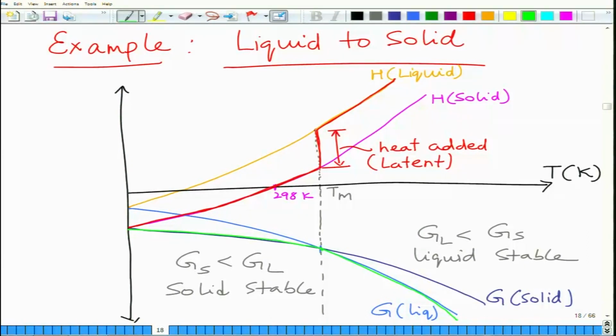So, this is what we have discussed in this lecture as to how the phase stability and phase formation happens as a function of temperature, and how the stability of these two phases is governed with respect to corresponding changes in the free energy and the enthalpy.